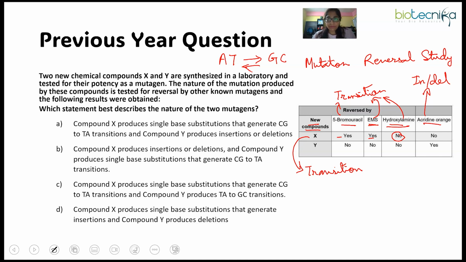For this experiment, next, compound Y is not getting reversed by any of them. That means for sure Y is not a transition. It is getting reversed by acridine orange. Acridine orange causes insertion or deletion mutation of a single nucleotide. So Y is getting reversed by acridine orange, which means Y is causing insertions or deletions.